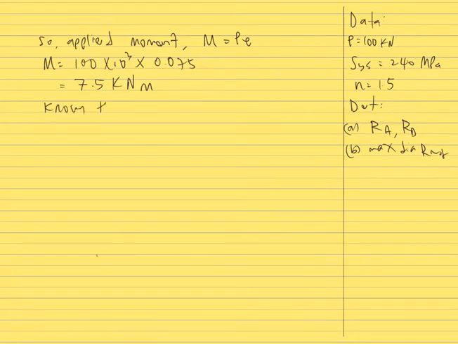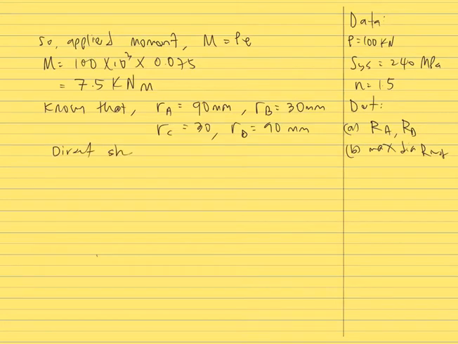Known that RA is equal to 90 millimeter, RB is equal to 30 millimeter, RC is equal to 30 millimeter, and RD is equal to 90 millimeter.